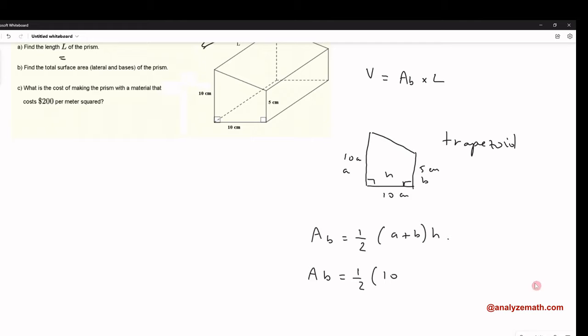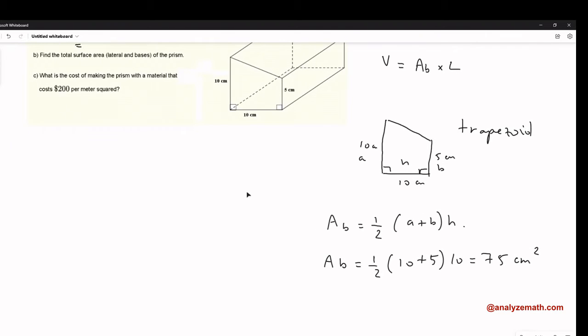A is equal to 10, this side here. B, the length of the side that is parallel to A, which is 5. And H is the height of the trapezoid, and it is 10. Now this gives 75 centimeter squared, because the lengths are given in centimeters.